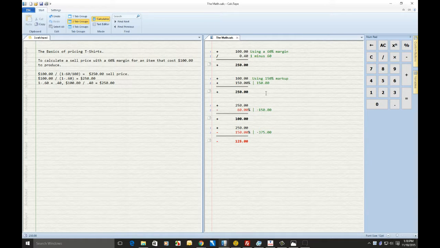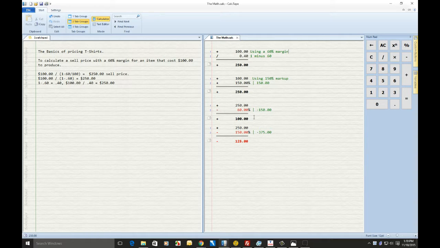Now here's where things can go awry if you ever run into a situation where you're given a discount or you're trying to back calculate down. If we take our $250 item and subtract our 60% margin from it, we get $100, the starting $100 that we started with.